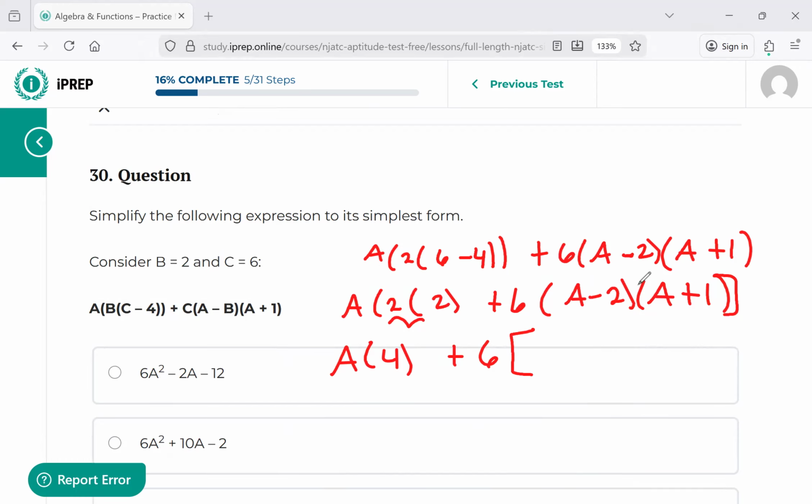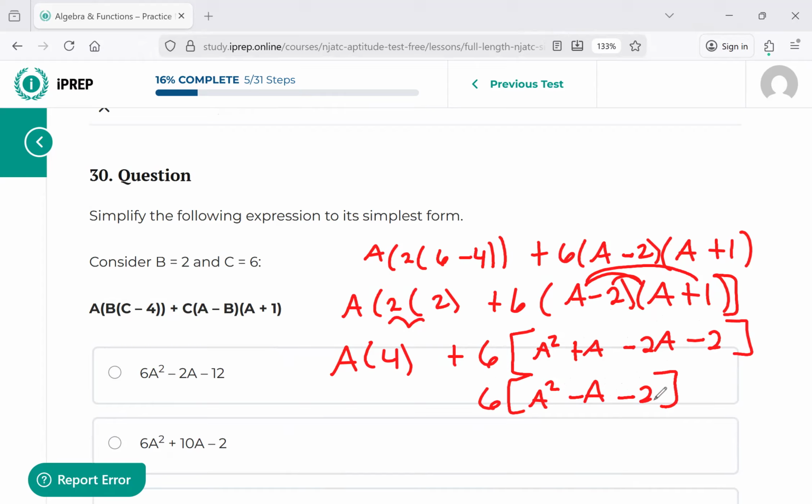What's a minus 2 times a plus 1? Roll it out. It's going to be a squared plus a minus 2a minus 2. You get a squared. 1a minus 2a is negative a, minus 2.